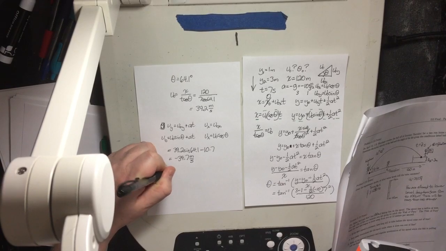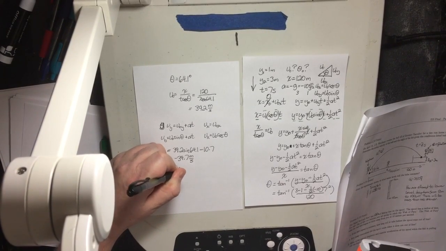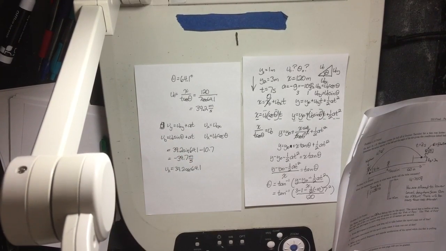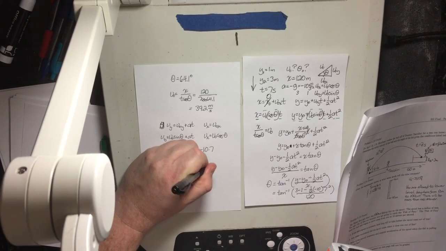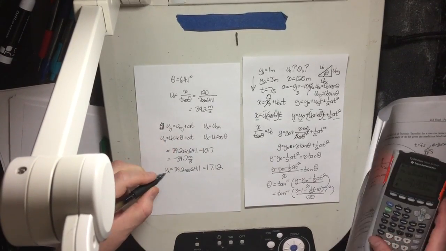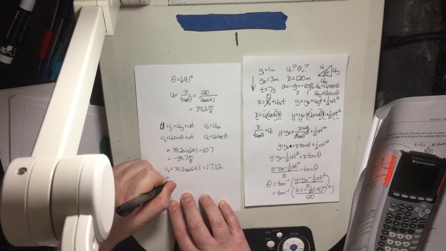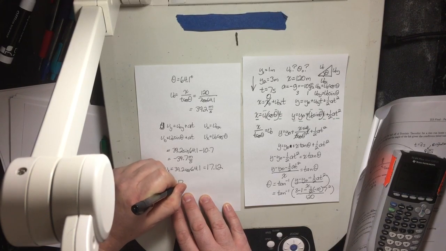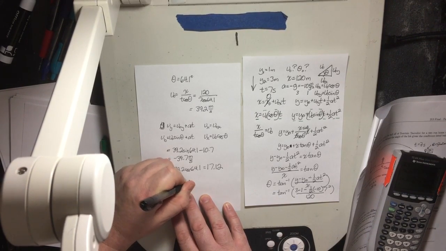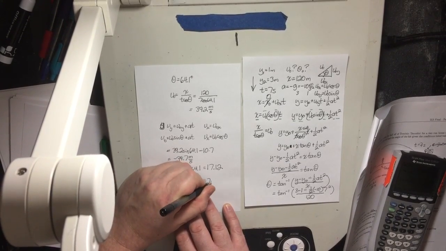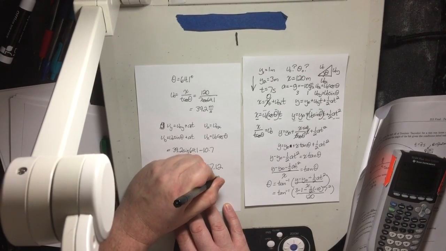Vx, 39.2 cosine 64.1, is 17.1. So in component notation, the velocity vector at final is 17.1 x hat minus 34.7 y hat meters per second.